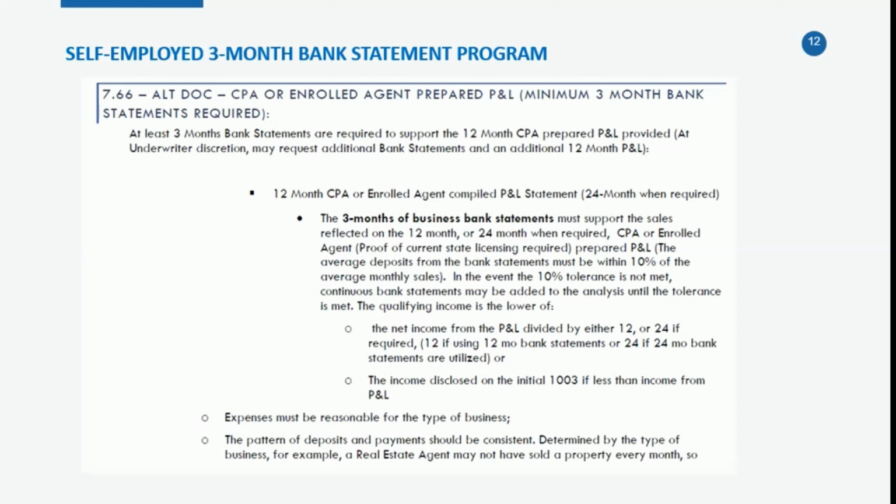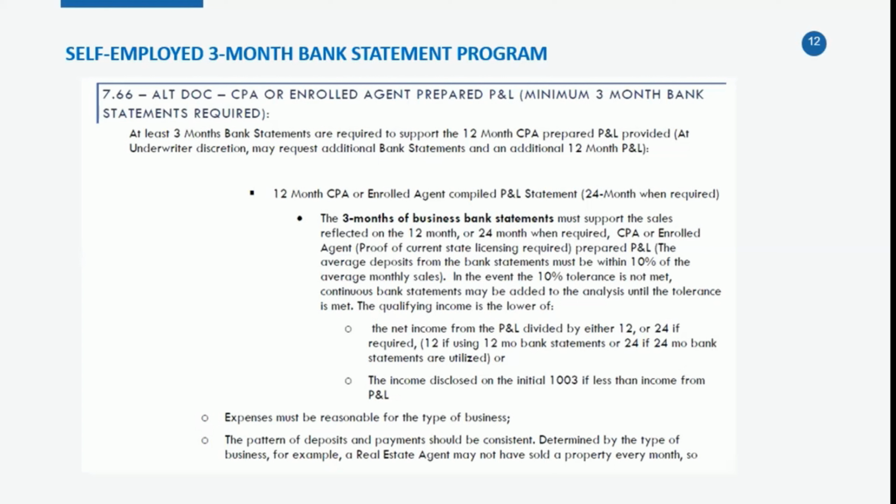Yes. Okay, so is a 3-month profit and loss and 3-month bank statement good? It can be good, but that's where you want to evaluate everything, right? When you guys are structuring this, if they have a CPA, I would probably suggest going this route and seeing what it looks like.